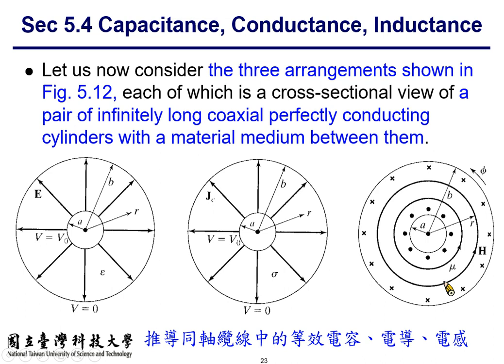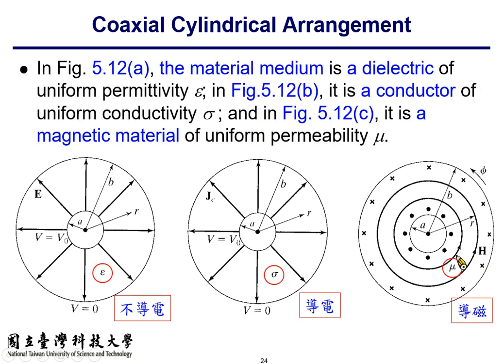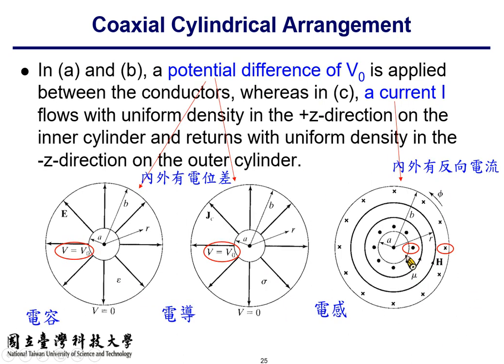Now, to find the per unit length inductance, we will change the problem a little bit to currents on the coaxial cylinders, and the magnetic field intensity H built up within this space. Okay, so mu, the permeability, is more critical here. So here we have currents.